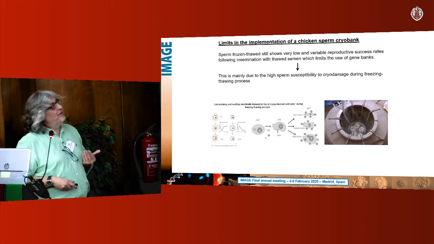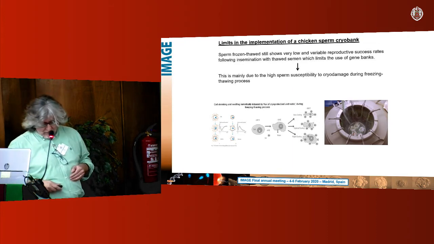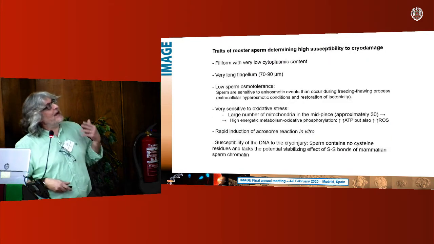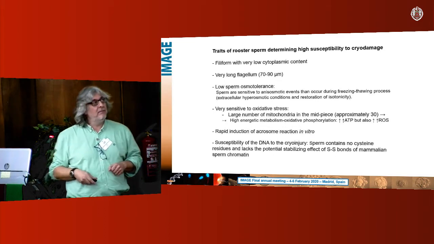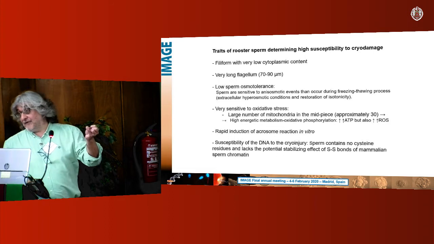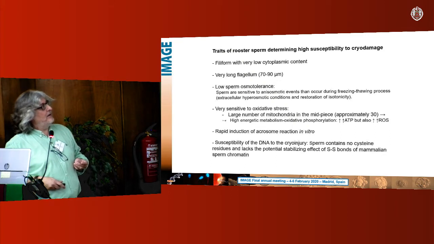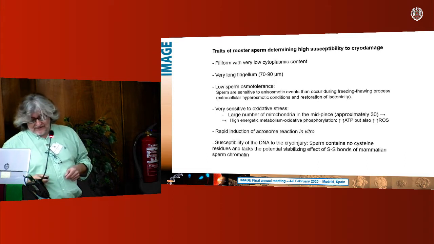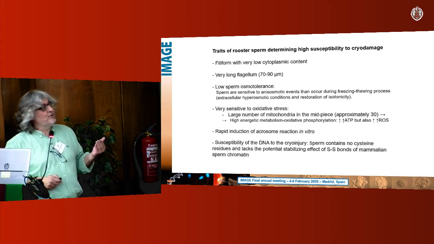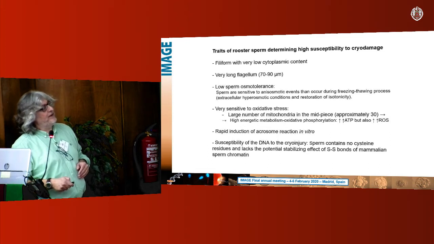It is mainly due to the high susceptibility to cryodamage during the freezing-thawing process, determined by the traits of rooster sperm. It is a filiform cell with a very long flagellum, shows a low osmotolerance, is very sensitive to oxidative stress, has rapid induction of the acrosome reaction in vitro, and the susceptibility of DNA to cryoinjury.